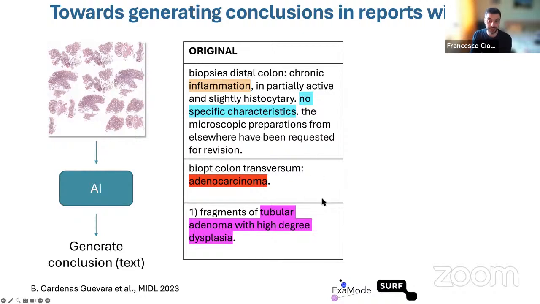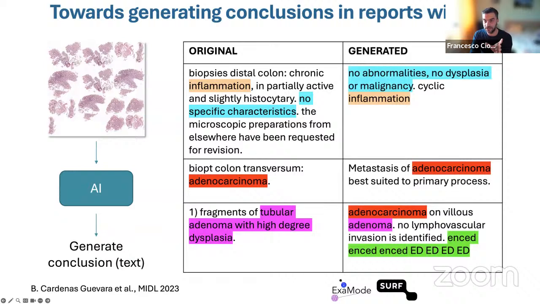Here are just 3 examples that I want to show you. I won't get into the details, but I highlighted the key terminology here. And this is what the system predicted. Of course, it's much shorter, and it's not completely correct, but mostly the key terms are there, except here where it just hallucinates adenocarcinoma. Actually, this was not a cancer case, because adenoma is pre-cancer, or not an aggressive form of tumor.